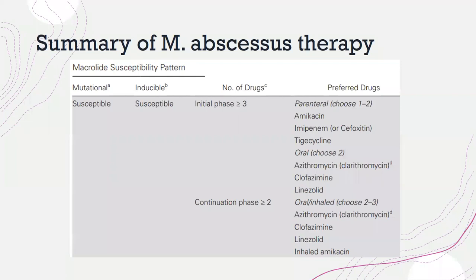What I wanted to highlight here is that even the panel of experts that decides these guidelines can't make up their minds about the optimal therapy for Mycobacterium abscessus. This is just not known. But the point of this slide is that if you have macrolide susceptibility and no risk of resistance, definitely go forward with your macrolide regimen, with an overall regimen of at least 3 medications.